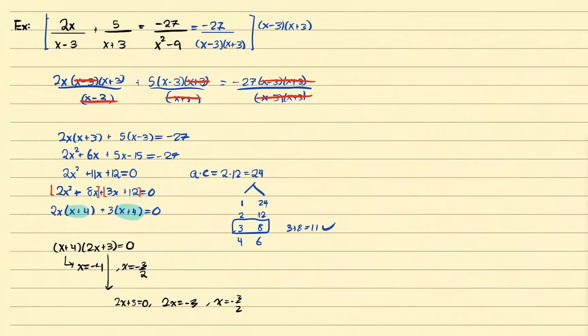There's two values that we are not allowed to have as part of our solutions. 3 and negative 3. Yep, plus or minus 3, exactly. Because plugging in either of those numbers would result in division by 0 over here. But neither of these are division by 0, because neither of them are plus or minus 3. So these are two solutions for us.